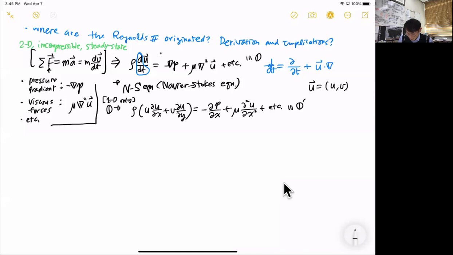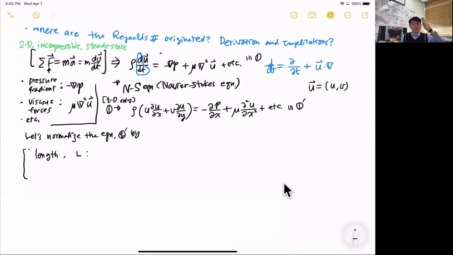Then let's normalize equation 1 prime. To normalize, we need to use some characteristic dimension or physical quantity. For example, a length L would be a characteristic length.